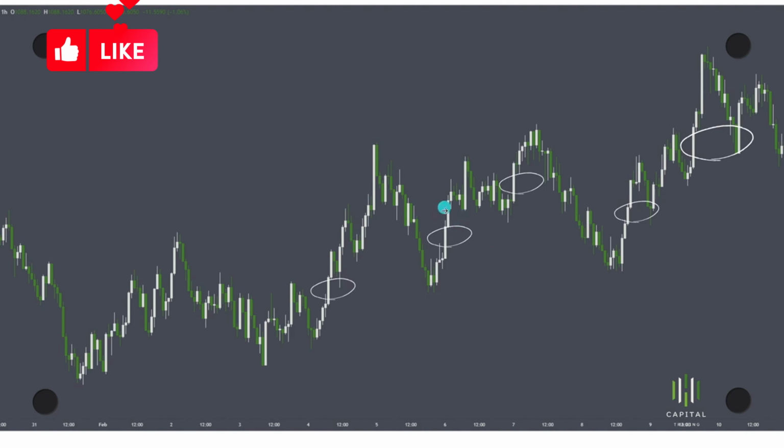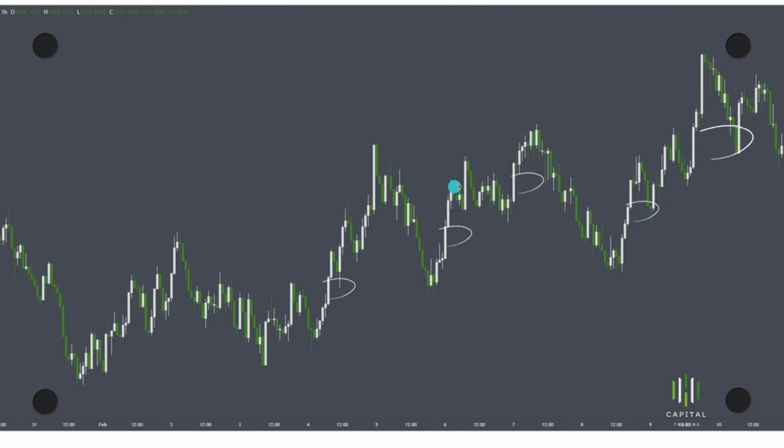This one has not been identified, but if you look at this up candle, and then you look at the previous candle's high and the next candle's low, you realize that they left a gap here. The low of the next candle, we identify this level as a support level, so it's sensitive.